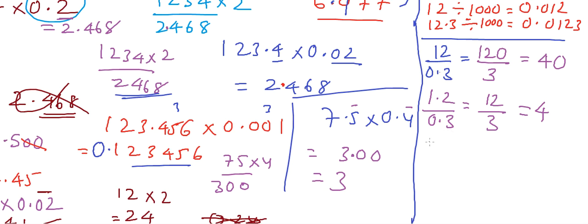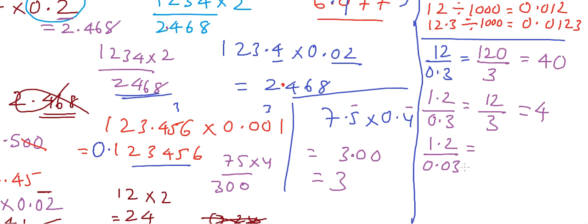Okay, so what about 1.2 by 0.03? Again, as I said, the denominator is to be made a whole number. In this case, to make 0.03 a whole number, we need to multiply by 100, because if you multiply by 10, it becomes just 0.3, which is not a whole number.